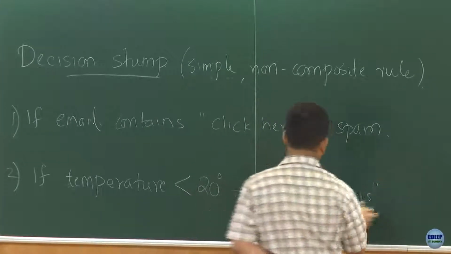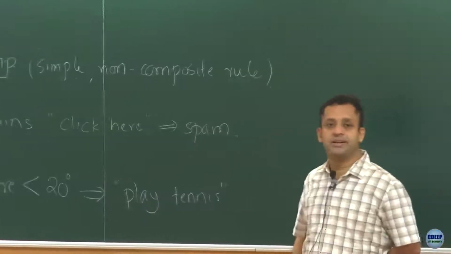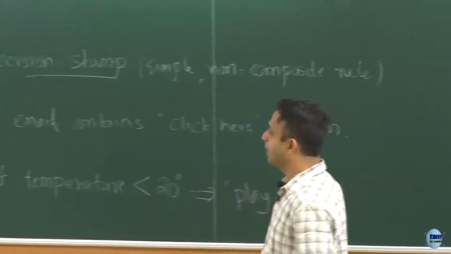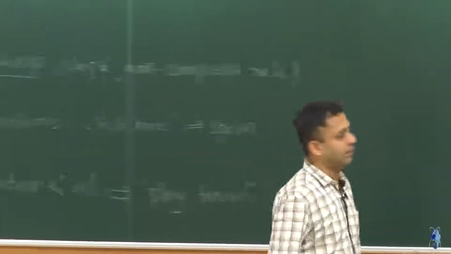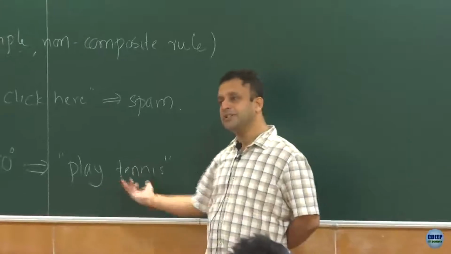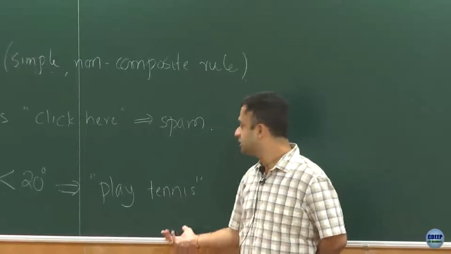Let's say the choice to be made is whether you should play tennis or not. So if the temperature is less than 20 degrees, go out and play tennis. It could be a step function, which means if it's greater than 20 degrees, you don't play tennis.